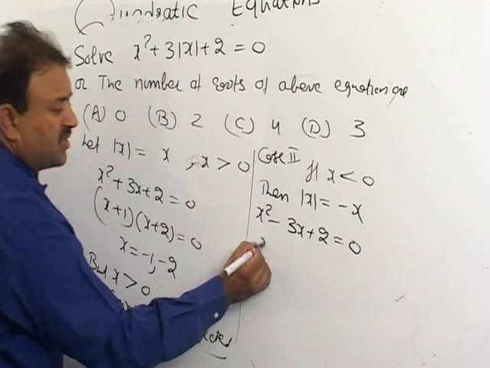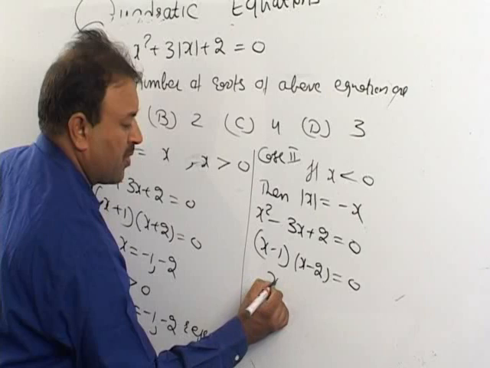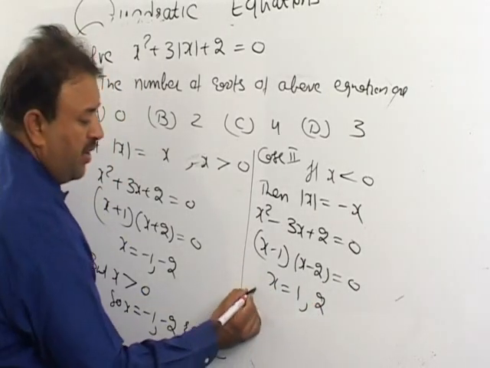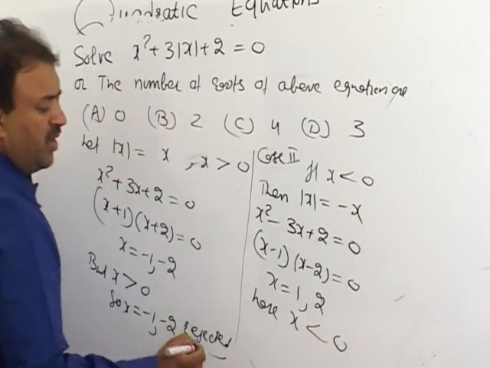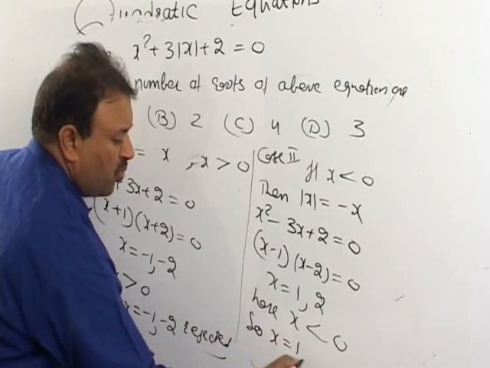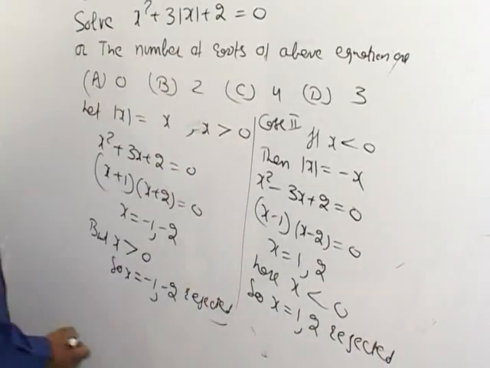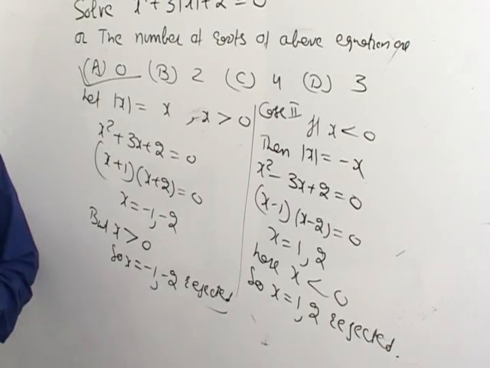We'll make the factors. (x minus 1)(x minus 2) is equal to 0. x is equal to 1, 2. Here x should be less than 0. So x is equal to 1, 2, rejected. So the right option is the A part. This equation does not have any root.